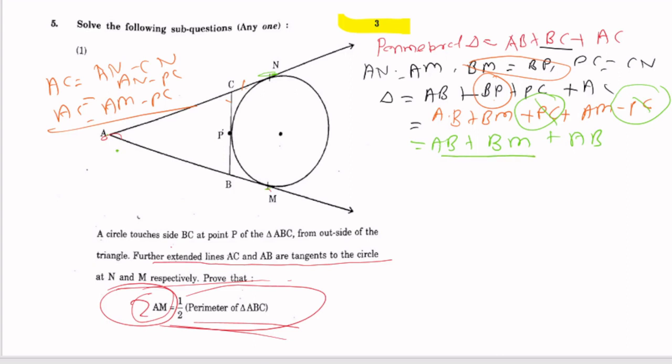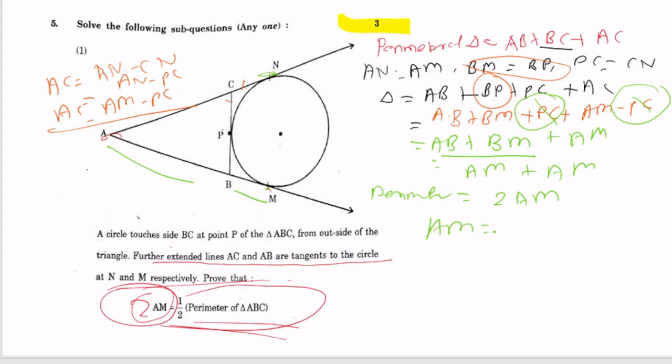AB plus BM, so AB plus BM. Can I write this as AM plus AM? Sorry, here is AM, here is AM. My bad. So I can write 2 AM, right? Now just think what you have found. Perimeter equals 2 AM.